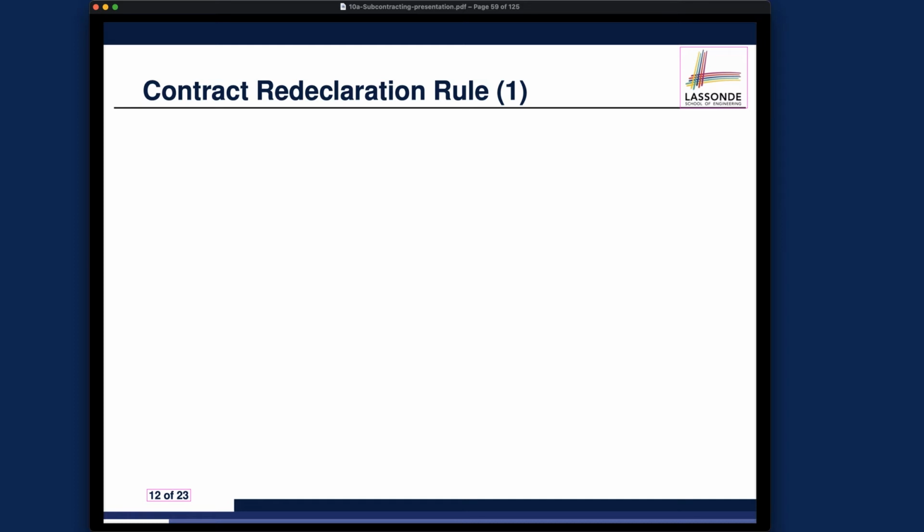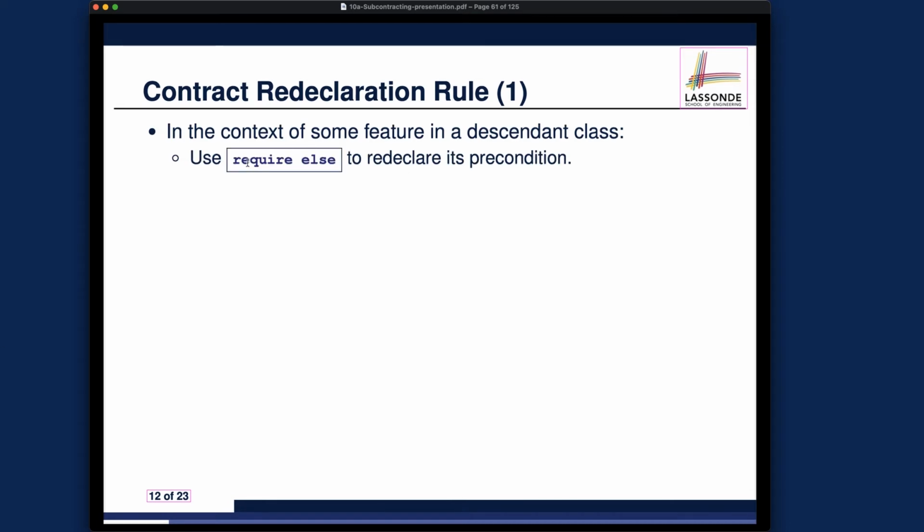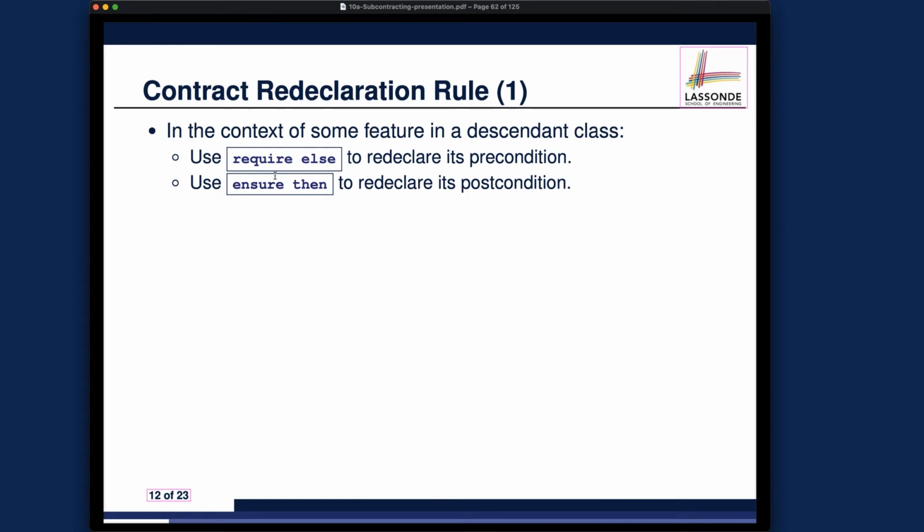Contract redeclaration rule. In the context of a child class, how are we going to add extra pre and postconditions? Syntactically, in the context of a descendant class, for the precondition, we're going to say require else if we want to introduce more precondition. In the case of postcondition in the child class, we're going to say ensure then.